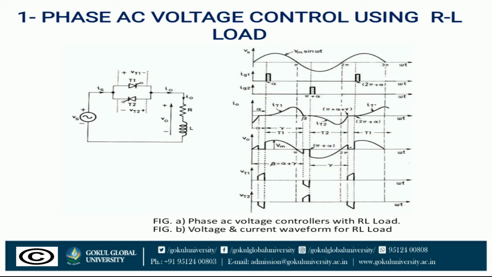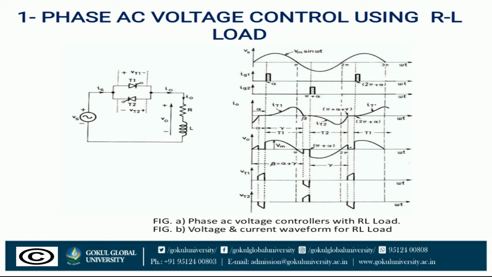Now, what would be the output voltage? The output voltage will look like this. When the load current reverses, there would be a little output current you may observe, but it is not fully started. The thyristor load current will not start, which is why the voltage output will be 0. Then again at alpha the full voltage will appear, Vm sin omega t.